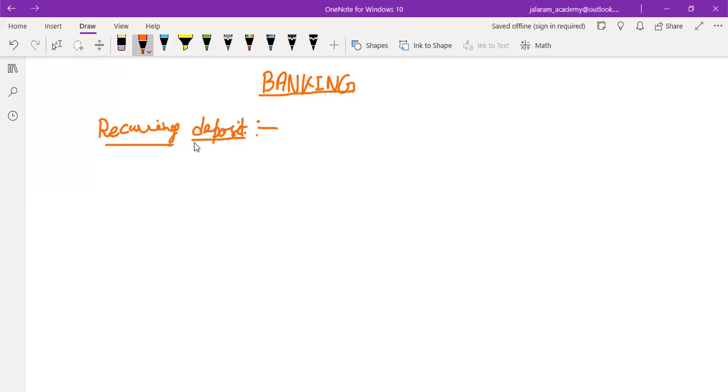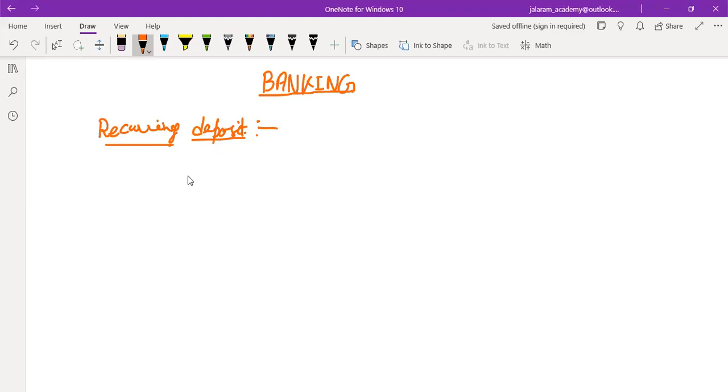You must have heard about fixed deposit or other types of deposits also. In this recurring deposit, money is deposited regularly, and this type of account is one in which a certain amount of money is deposited every month or every year or every day, etc.